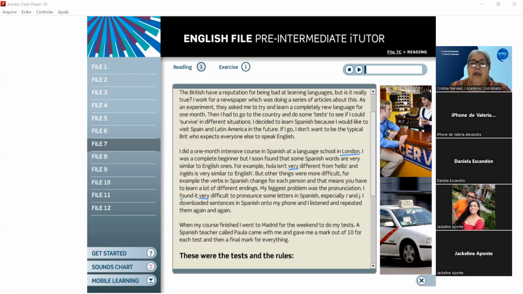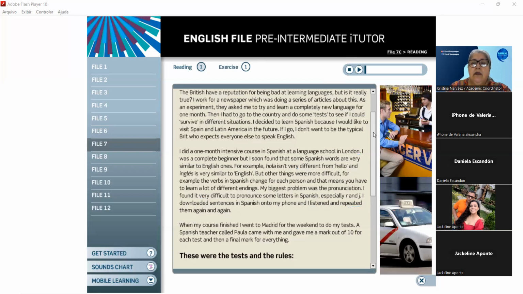Le escuché apenas una vez decir B en vez de V. En general está muy bien. Down, not down. Recuerde, up and down. So downloaded, yes. Y este aquí sería listened. Es como que la E no existe, listened. Y esta sí estaba muy bien, repeated, estaba muy bien. Thank you very much.